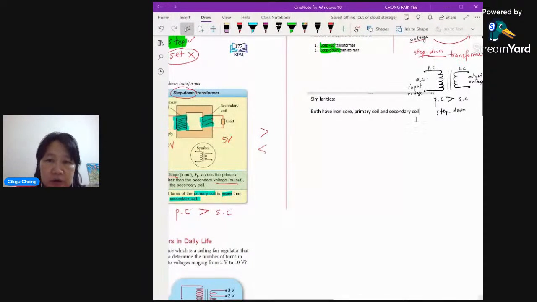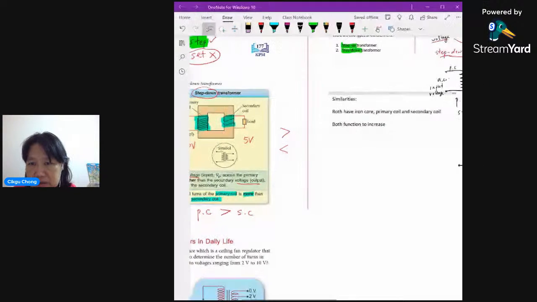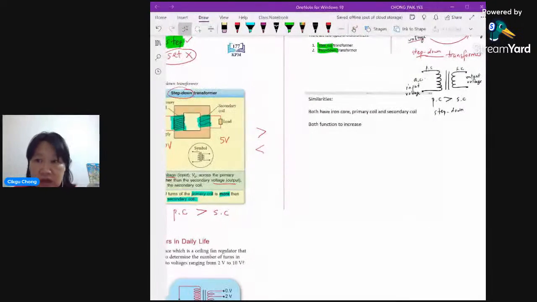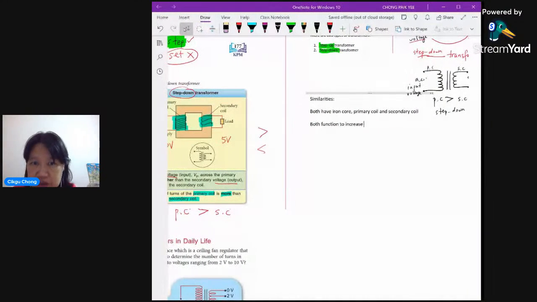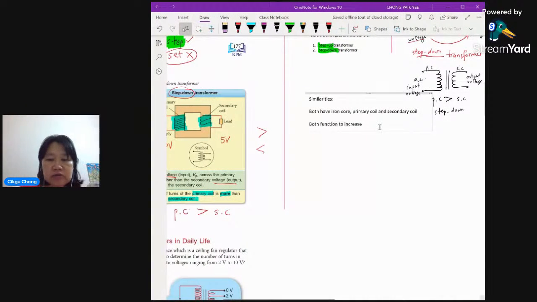Okay, so the next point you can talk about both function to do what? Both have the same function, to increase, that one is given by Stella, right? Increase and decrease the voltage. Both function to increase or decrease the voltage.